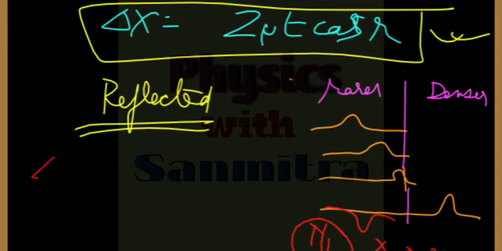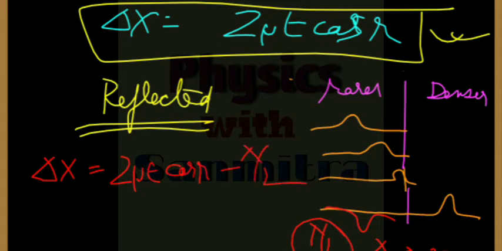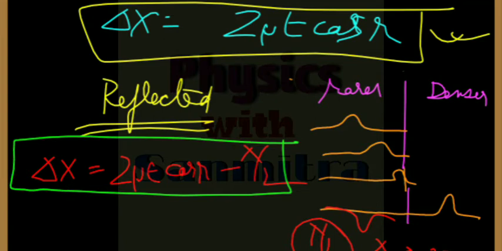So for the reflected wave, I will say delta x is equal to 2 mu t cos r minus lambda by 2. This will be there for the reflected wave, because there is one reflection from rarer to denser. In that case a phase difference of pi was added. So minus lambda by 2. I hope this is clear why we take this minus lambda by 2.